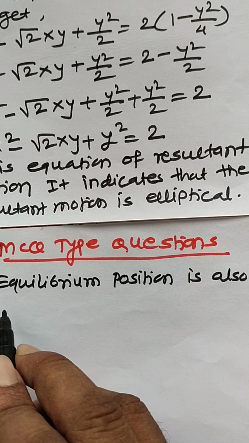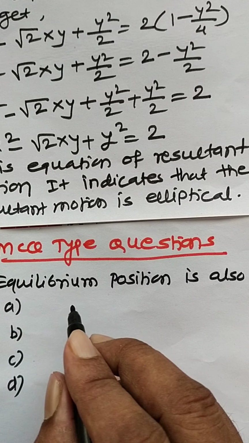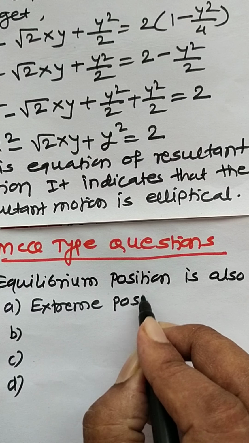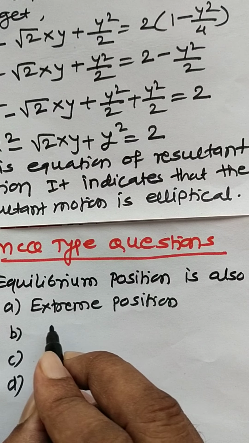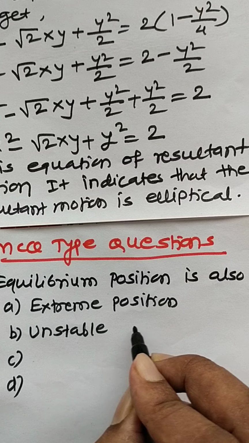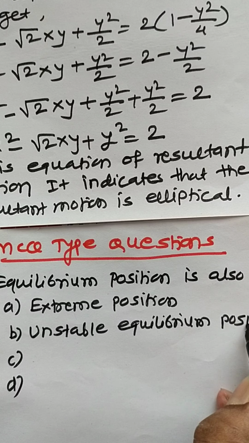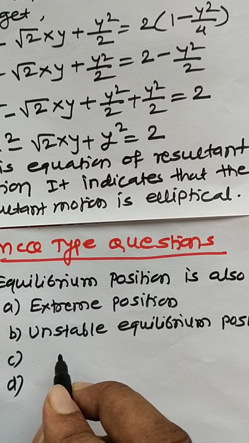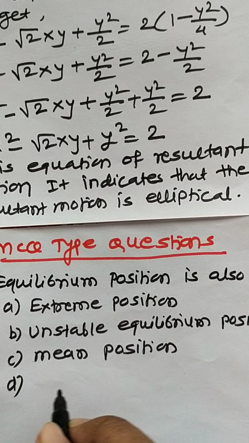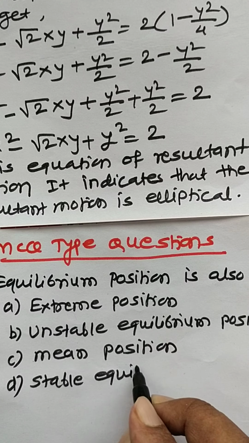Okay, the options A, B, C and D. A is extreme position, then unstable equilibrium position, then mean position, and the stable equilibrium position.